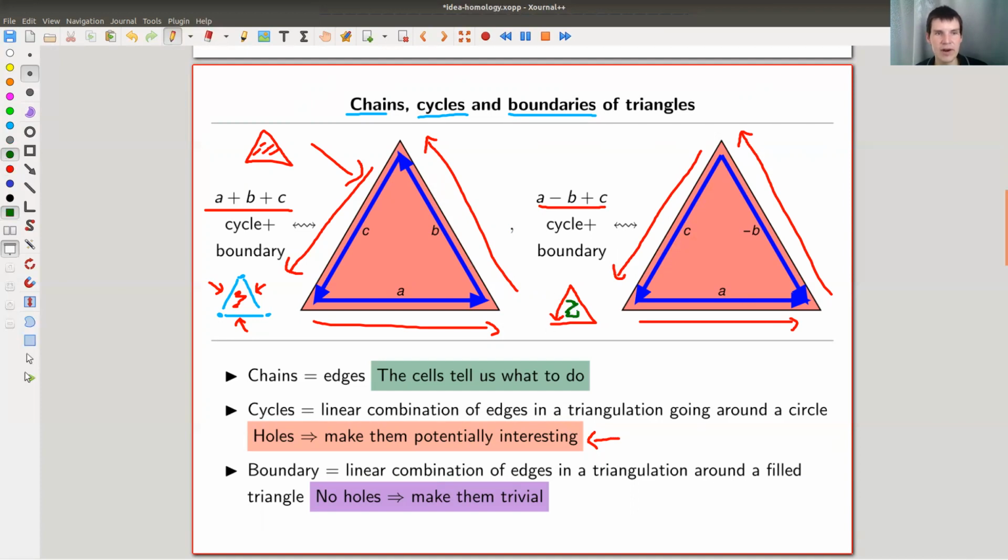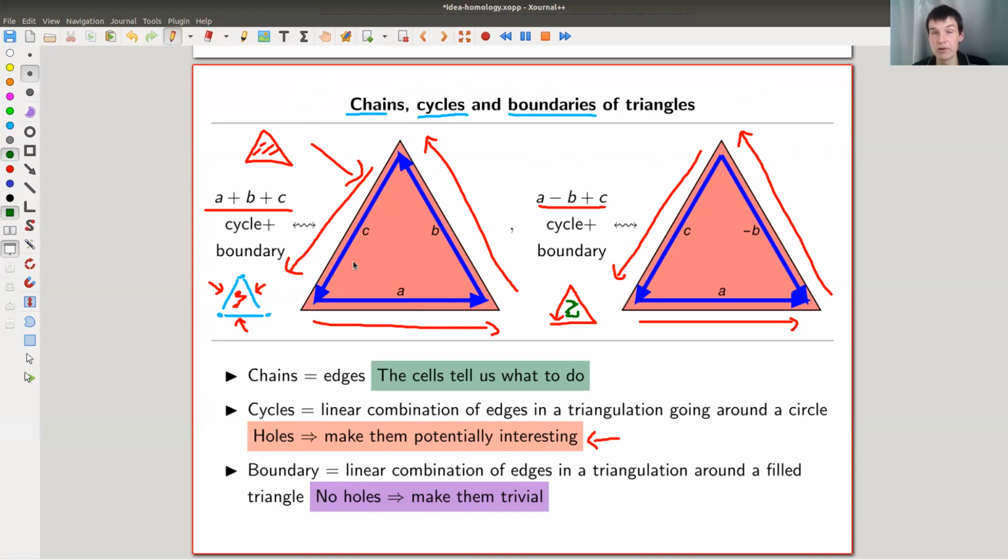So if you fill the triangle, that kills holes. And these are boundaries. These are linear combinations that go around a filled triangle. In this example, both are cycles and boundaries. So A plus B plus C is a cycle and a boundary because it goes around, that's a cycle condition, and it goes around a filled space, that's a boundary condition. But on the next slide, they won't be the same anymore.